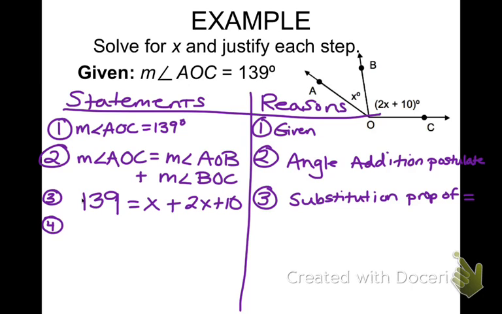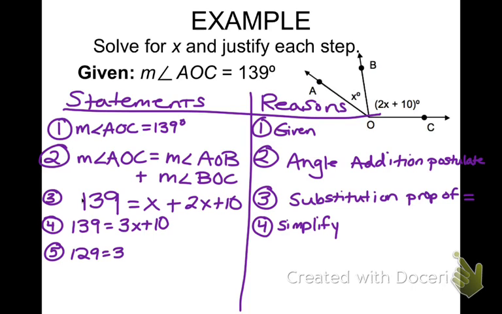Yeah, I combine our like terms, so I get 139 is equal to 3x plus 10, which is a good old simplify. Then we would subtract 10, which would get me 129 is equal to 3x, which is a subtraction property of equality.